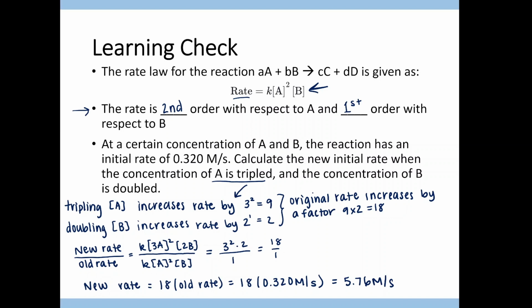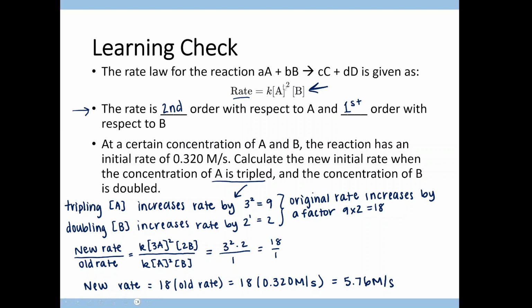Now in the next couple of slides, we're going to determine what this rate law is. So this rate law for different reactions based on concentration data at different experiments.